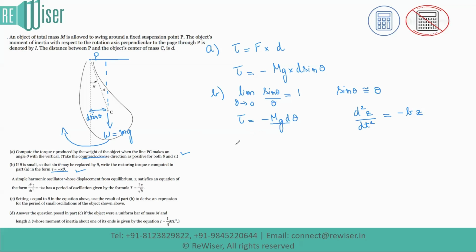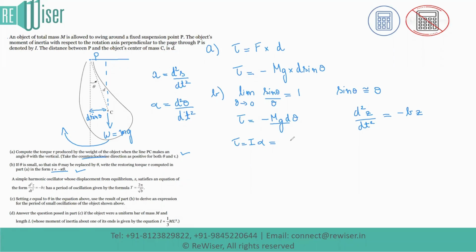Now, I know that torque tau equals I alpha, and alpha is angular acceleration, which is the double differentiation of angular displacement. If you want to go back to linear mechanics, just remember linear acceleration a is the double differentiation of linear displacement. So angular acceleration alpha is just the double differentiation of angular displacement, d square theta by dt square.